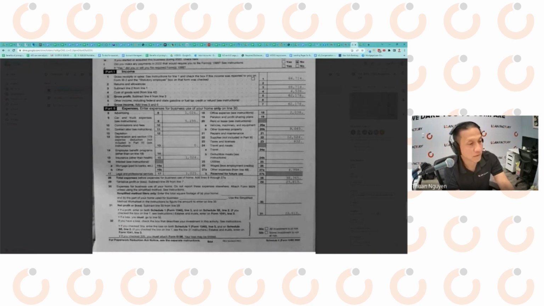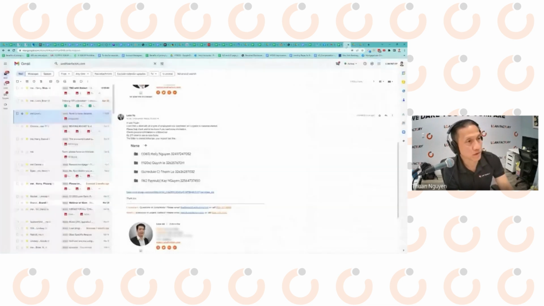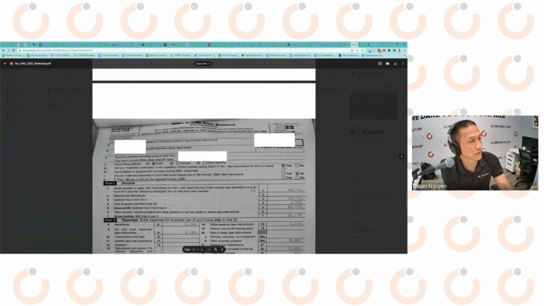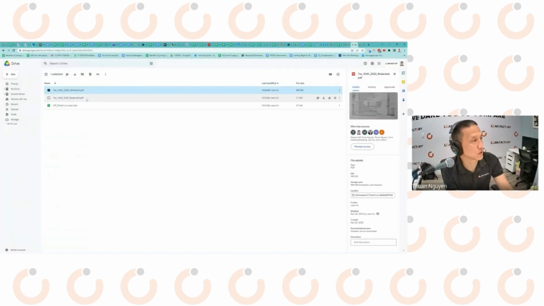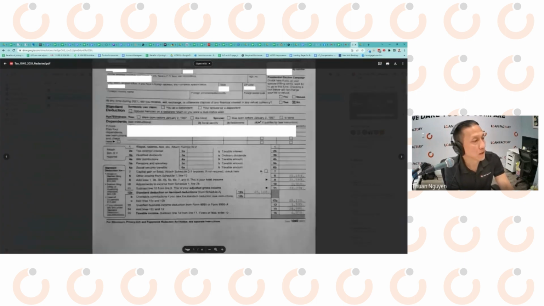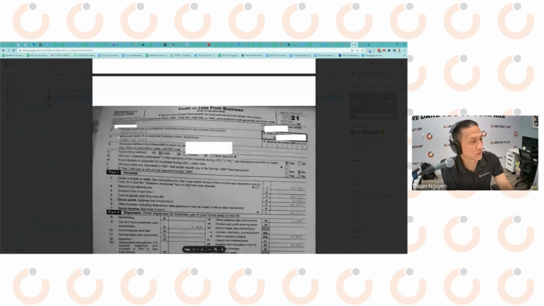Add up. Okay. And then this is not done yet. You have to look at the previous year income. This is 2022, right? 2022 right here. You have to look at the 2021 return and compare. If you see wages here, you cannot use it because it's discontinued. Here you see 35,000 income on the self-employed.